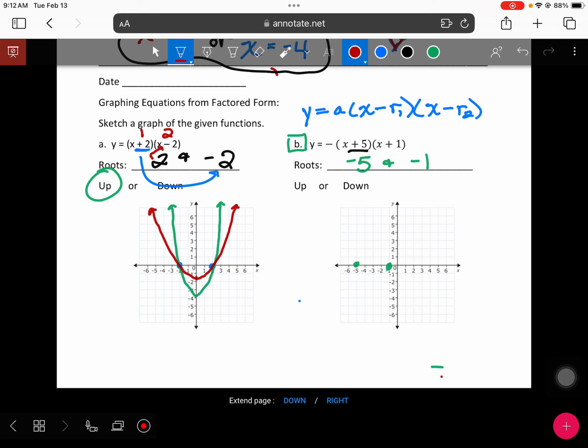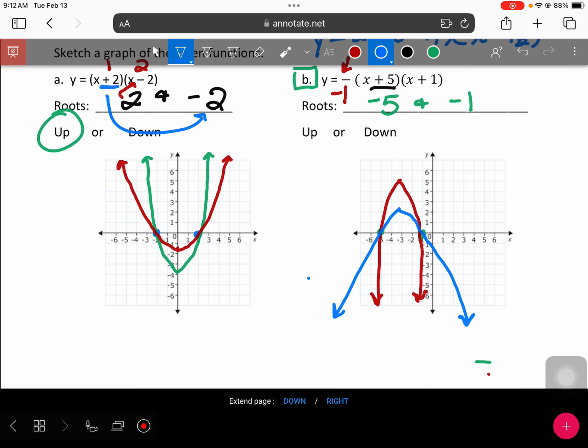Yeah, this A value here is a negative 1. And when it's negative, it opens downward, okay? So, again, we don't know exactly where the vertex is, but I know it's opening downward and it has to go through those x-intercepts. Okay? Maybe you do it like this, and that would be okay too.